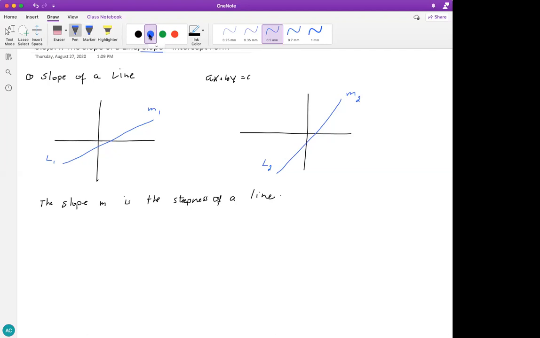So we can say line 1 is steeper than line 2. In other words, actually it's the other way around. Line 2 is steeper than line 1. Therefore, the slope of this line is higher than the slope of the other.